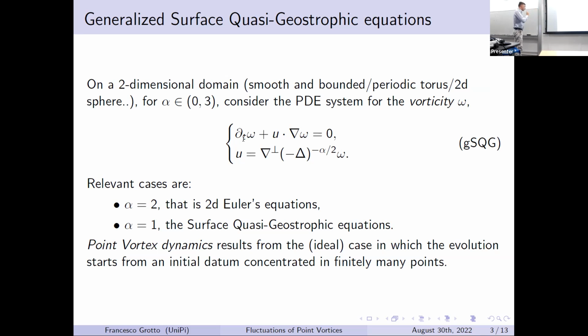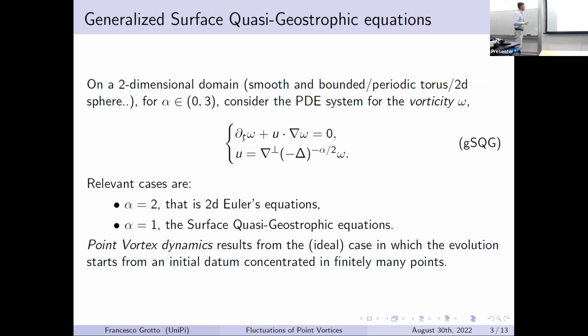Alpha here plays a quite different role from the one in the talk of Benedetta, of course. If you take alpha equal 2, then this is the Green function of the Laplacian, and so you're back to two-dimensional Euler equations. If alpha is equal to 1, then this becomes the surface quasi-geostrophic equation, which is an interesting model, and it is usually proposed as a toy model for the 3D Euler equation, because it shares with it some features.